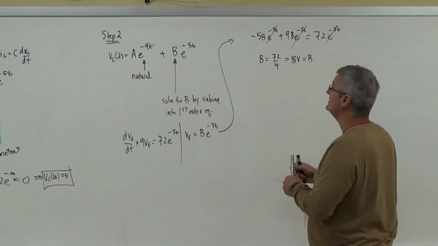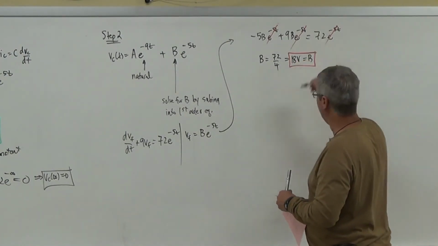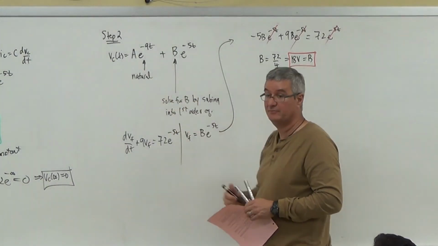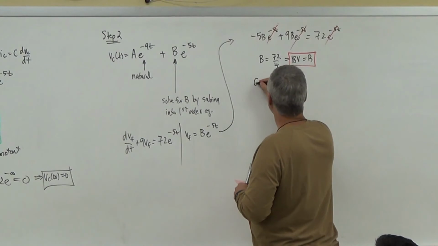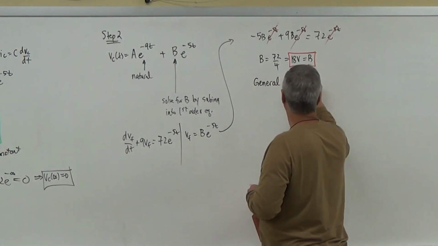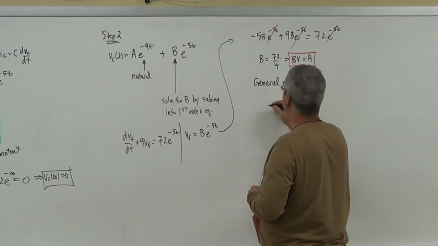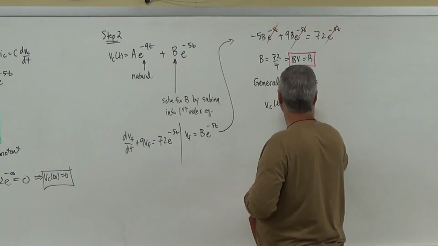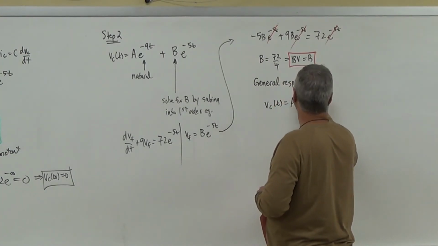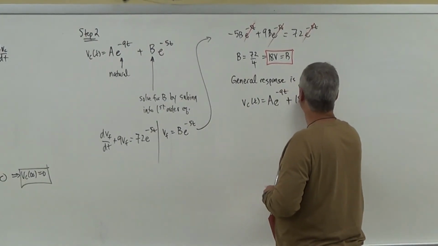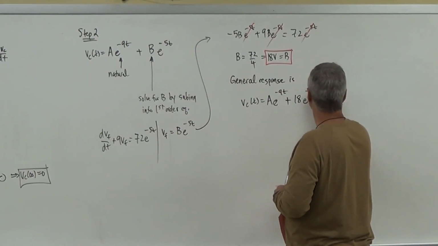So now what I'm left with is I'm going to substitute that into my equation. So now the general response is Vc of t equals a e to the minus 9t plus 18 e to the minus 5t.